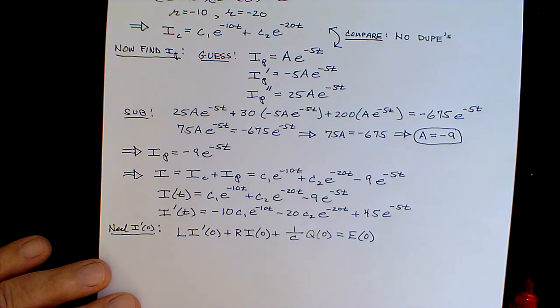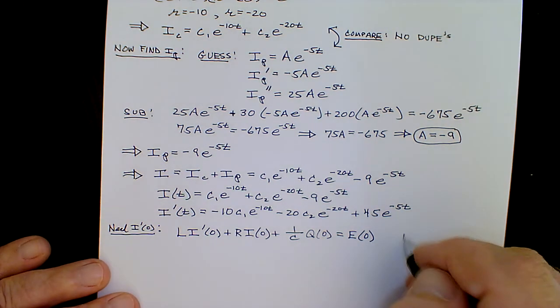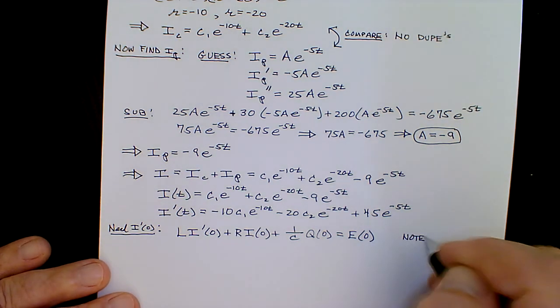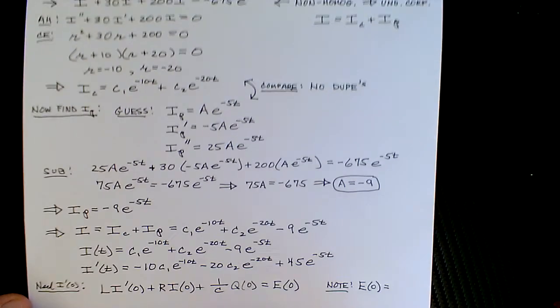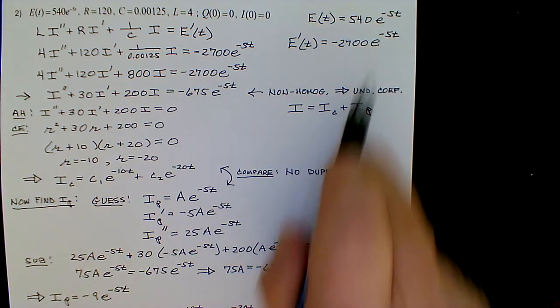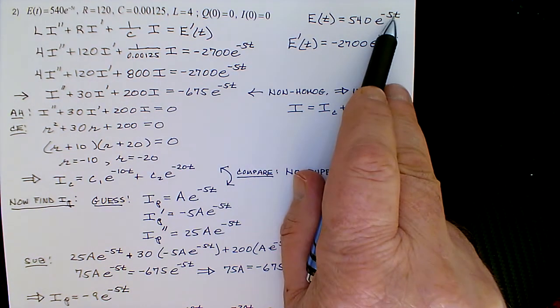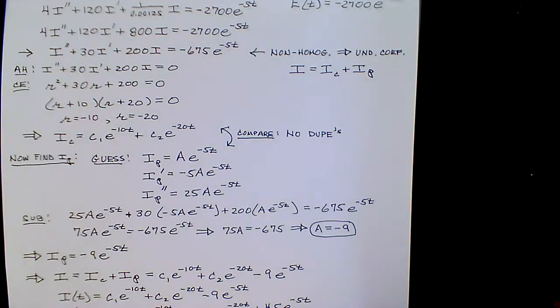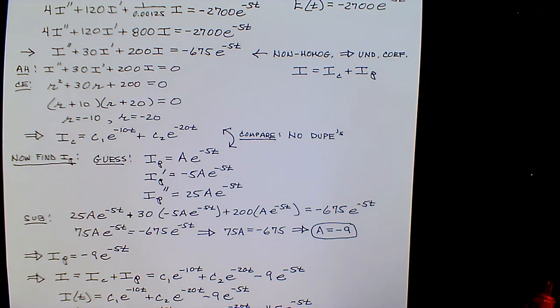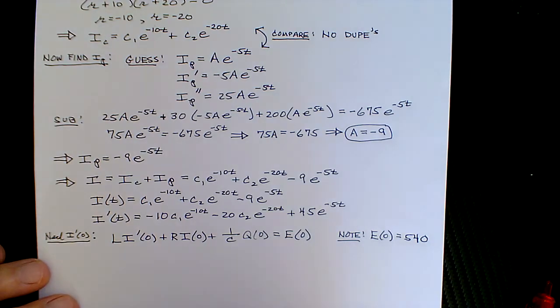But note that e of 0, if you look at e of t, that's way back up at the top here, 540 e to the negative 5t, e of 0, put a 0 in for t, we get 540. So that's a very important thing to note. And it looks like now we're ready to find I prime of 0.